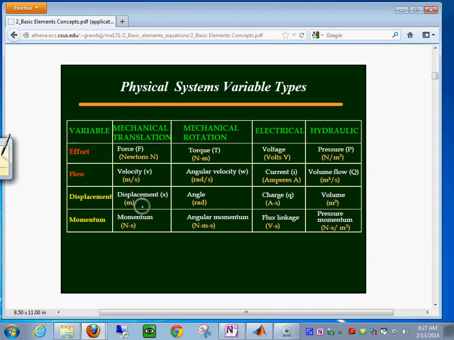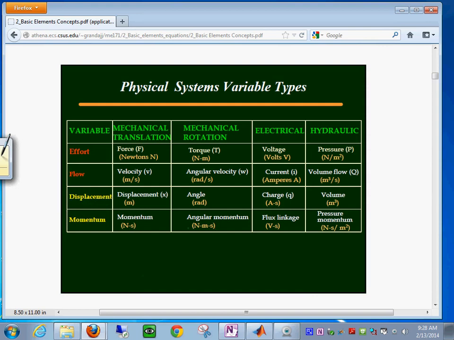The integral of the flow variable is called the displacement, like the integral of the velocity is the displacement. This measures displacement or angle or charge or volume. This family of variables we call the displacement, or Q variable. So we're going to use the letters E, F, P, and Q.